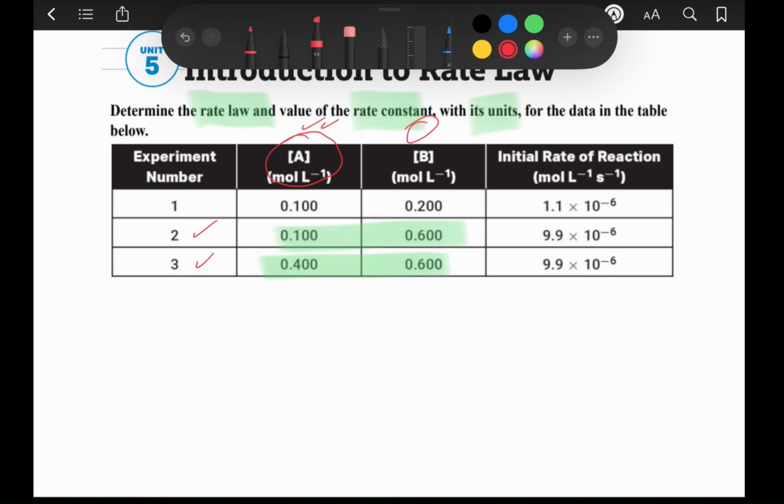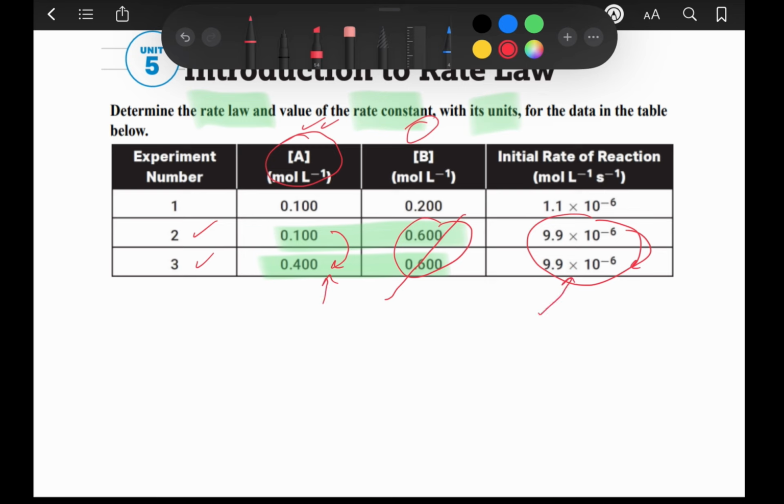So basically, the concentration is quadrupled for A, and B remains constant. We can see that the rate of reaction remains constant. So there is no effect of changing the concentration of A on the rate of reaction.